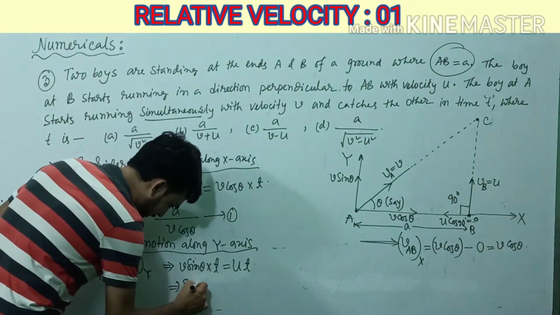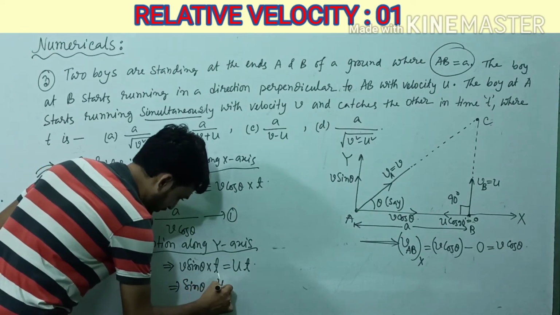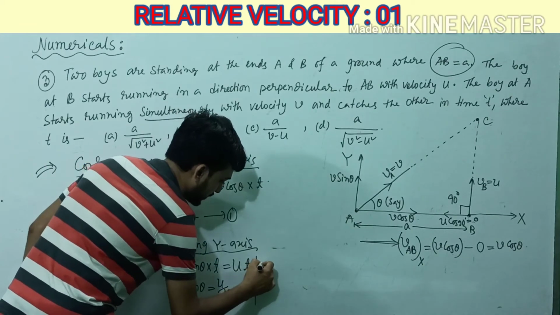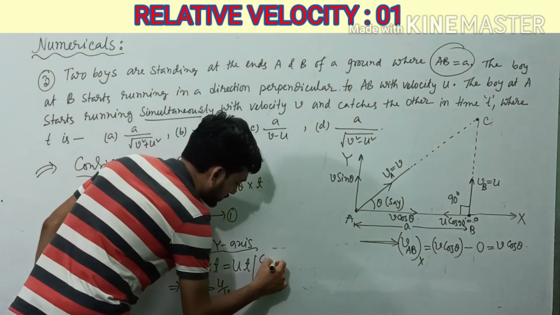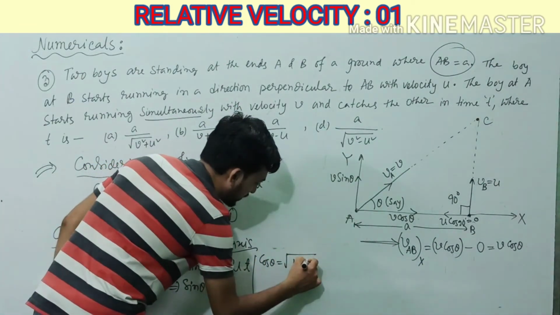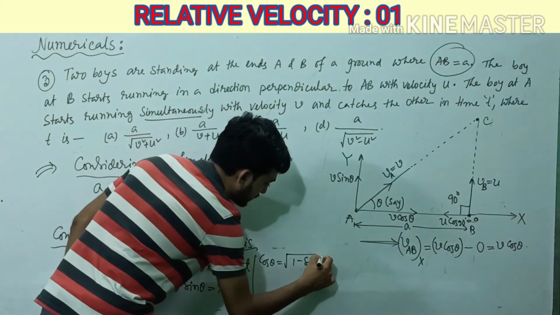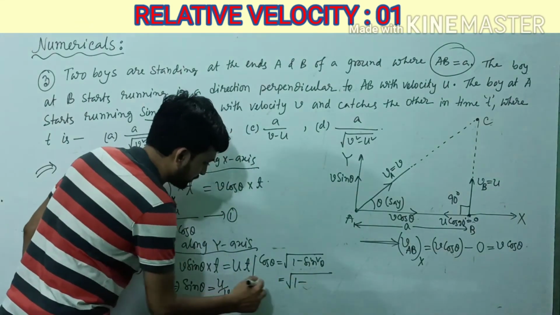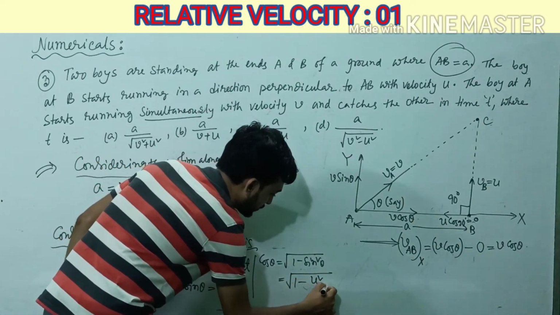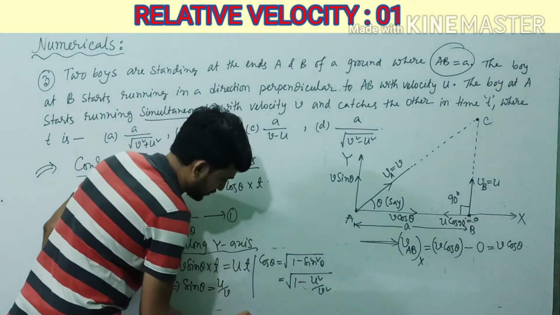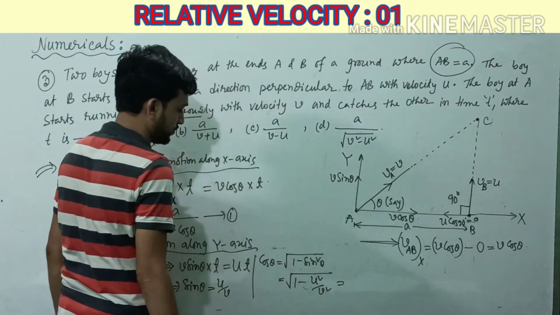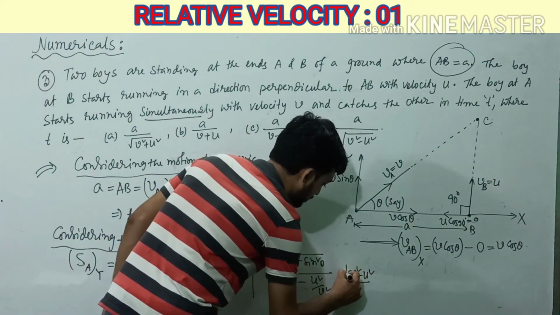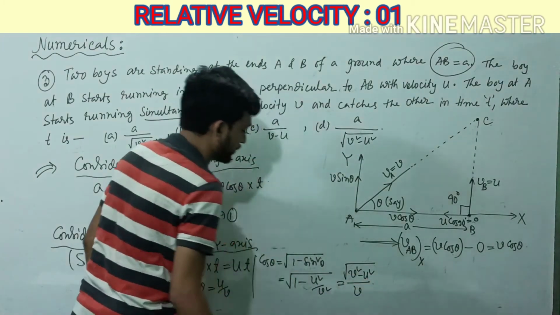Sin theta we are getting as u by v. From here we can write cos theta is equal to root over 1 minus sin square theta, which is root over 1 minus u square by v square, which is square root of v square minus u square by v.